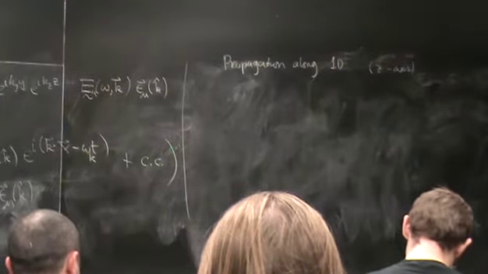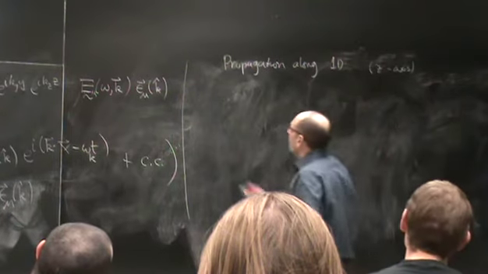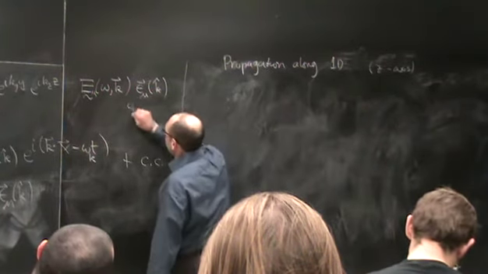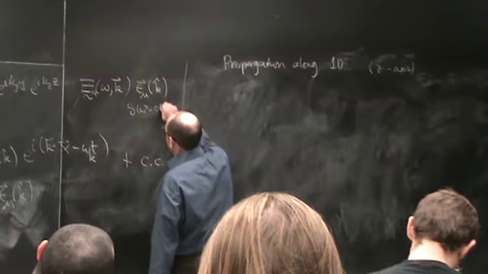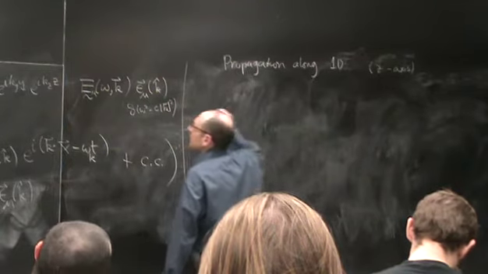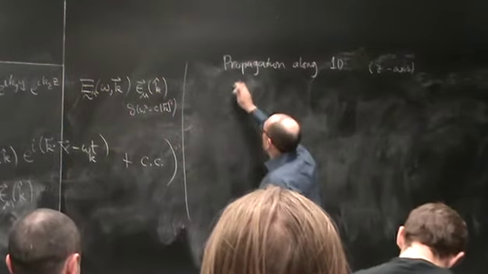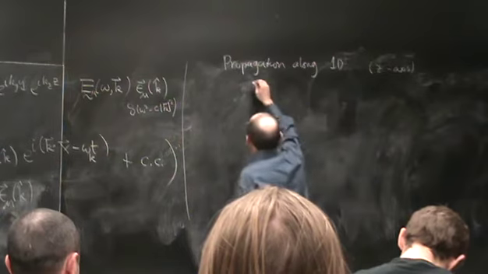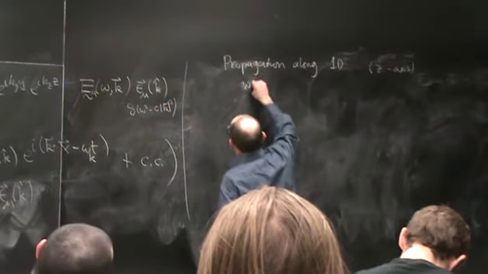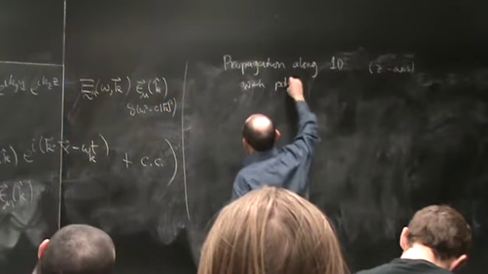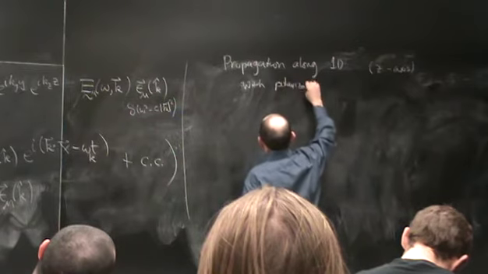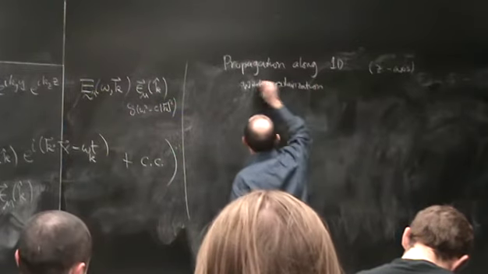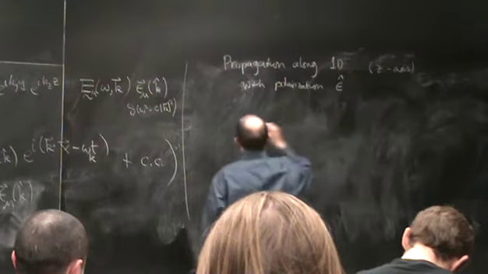So let's go back to the form that was over here, where this had this delta function, and write that out again. I'm going to have 1D with polarization epsilon.